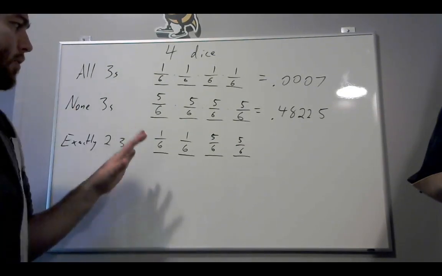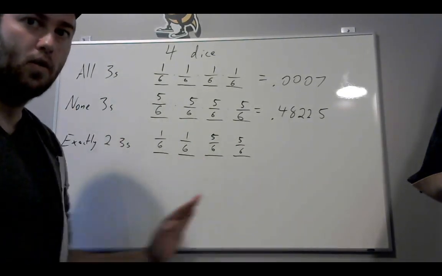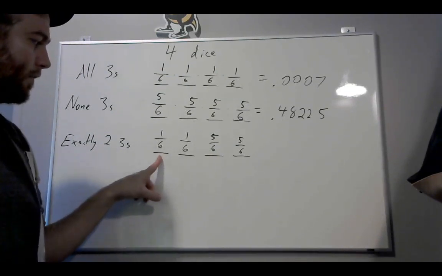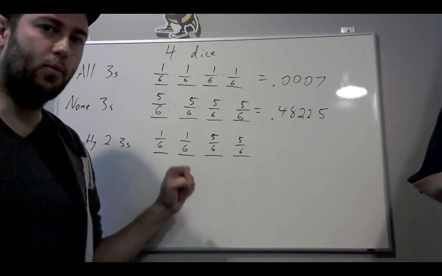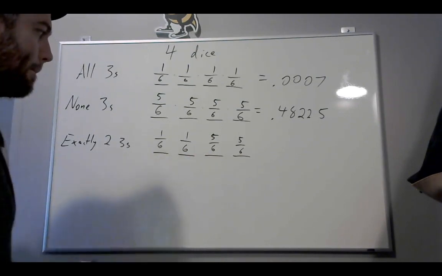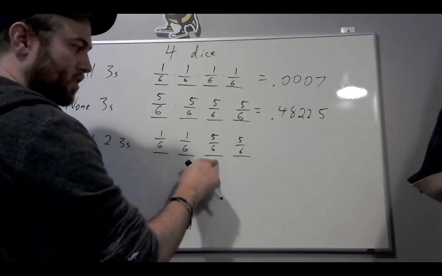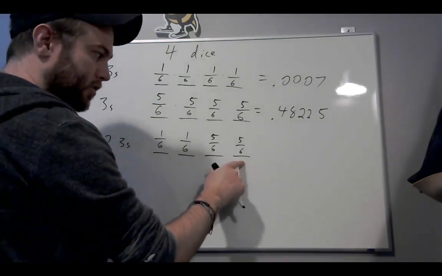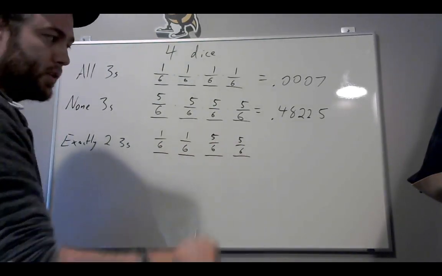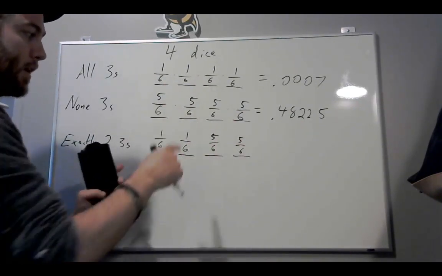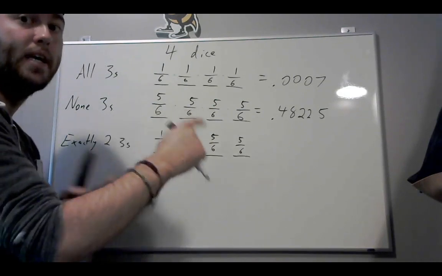The thing with this though, that's not the only way that we could get exactly 2 3s. Because this is the first dice, the second dice, the third, the fourth, and so forth, these could be located anywhere. This 1/6 could actually be over here for this dice, or this dice, and so forth. So we actually have a combination of ways happening where these 1/6 could be anywhere.